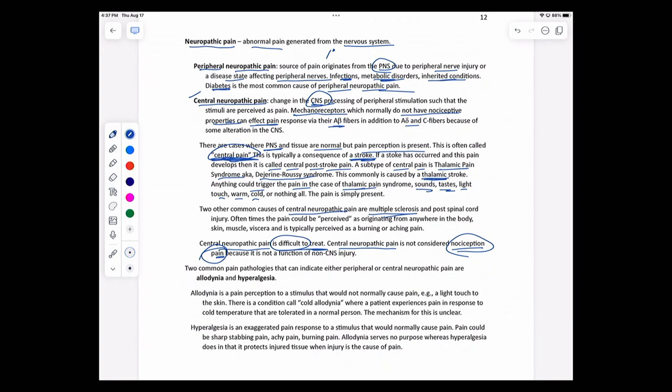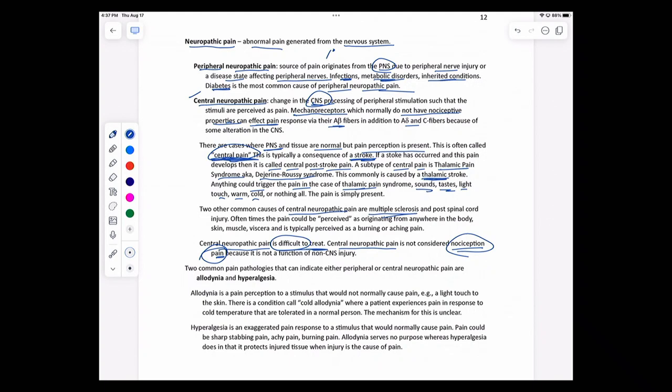The general point here is that nociception does not equal pain. Nociceptive pain is a kind of pain. So you can be in a pain state and it not be considered nociception, because that has to be a peripheral issue or something in your tissue that's causing pain.